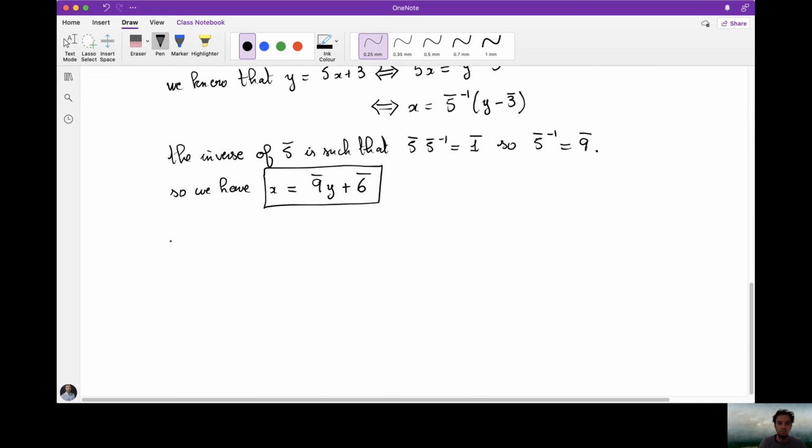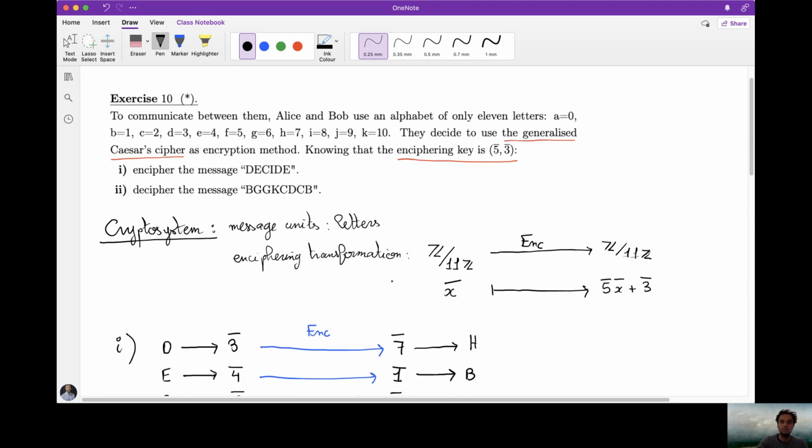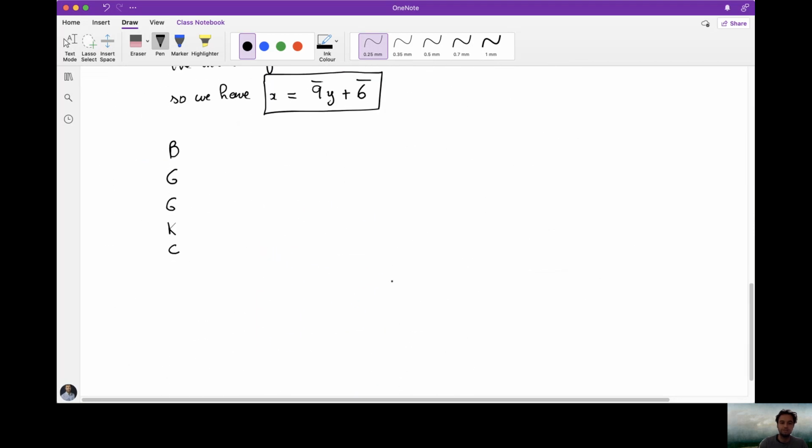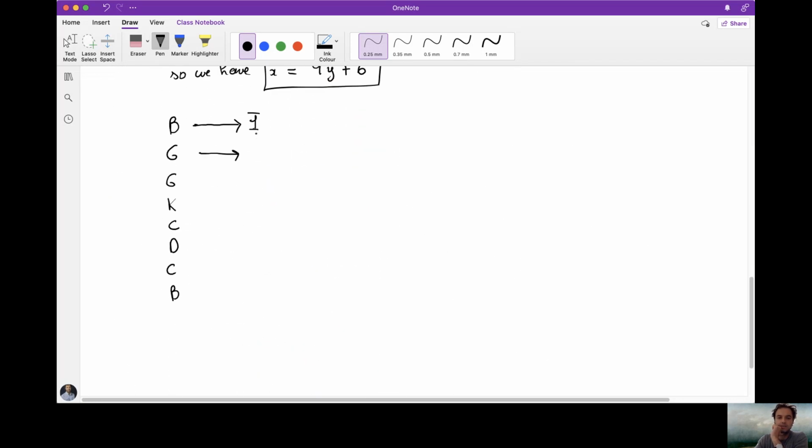So let me write it down. BGGKCDCB. Now we translate this into numbers. B is number 1. G is number 6.